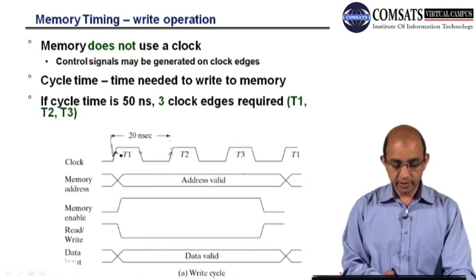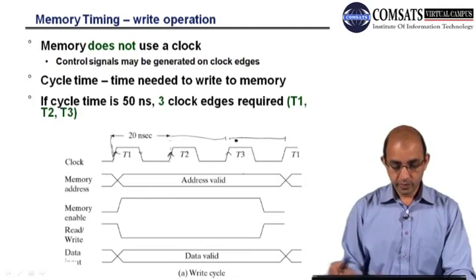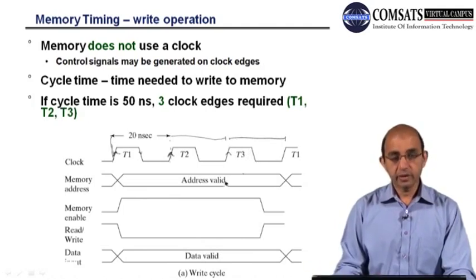So I need this edge, and this edge, so this is 20 and this edge is also 20. So I need 3 edges in order to accommodate a cycle time of 15 nanoseconds.